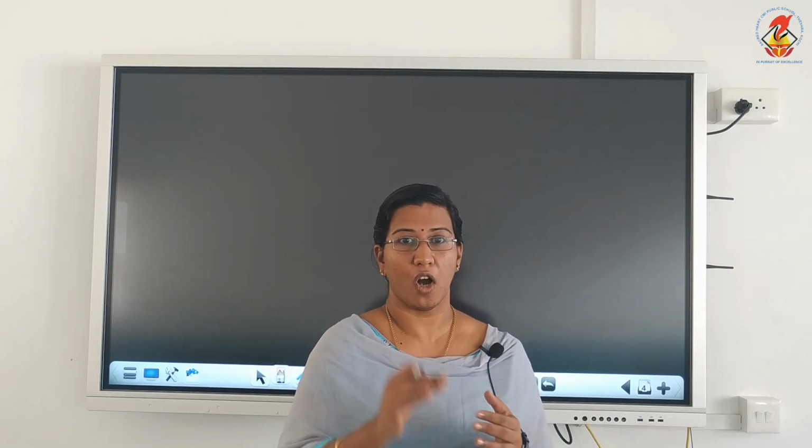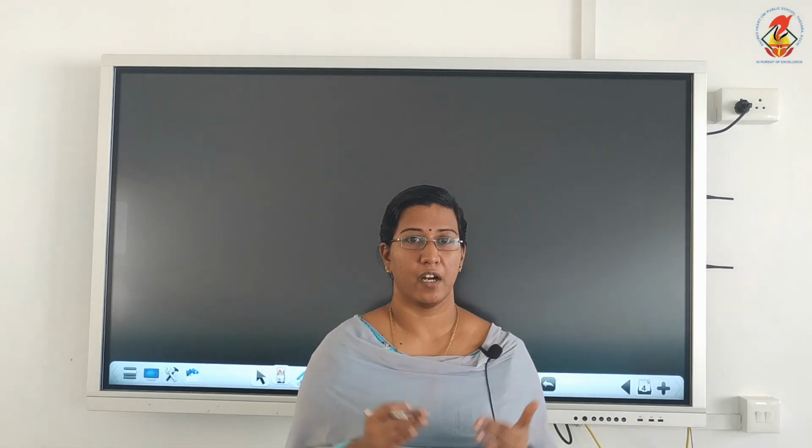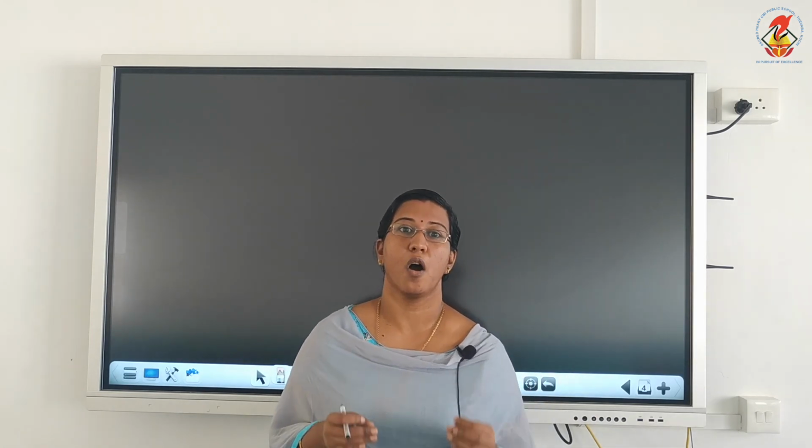So it is the gravitational force of attraction between the earth and the satellite which provides the necessary centripetal force to make the satellite remain in its circular track. So we are going to find the equation for force of gravitation, equate it with centripetal force, and finally find the expression for orbital velocity.